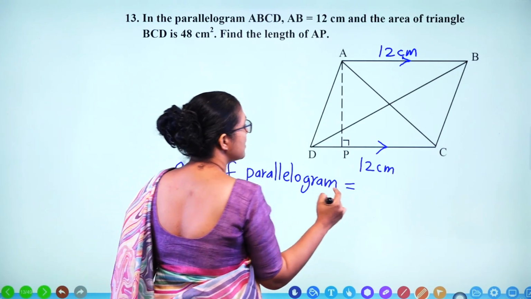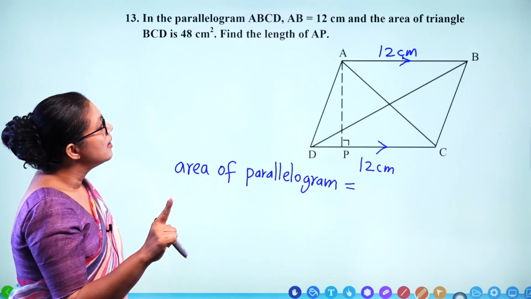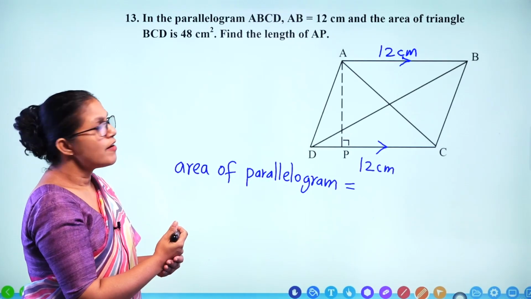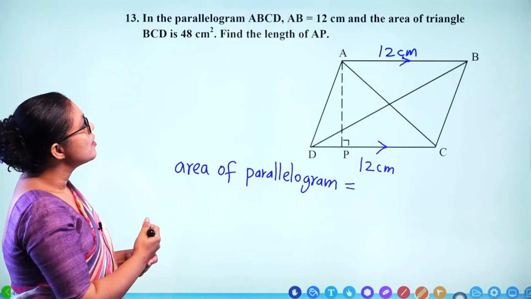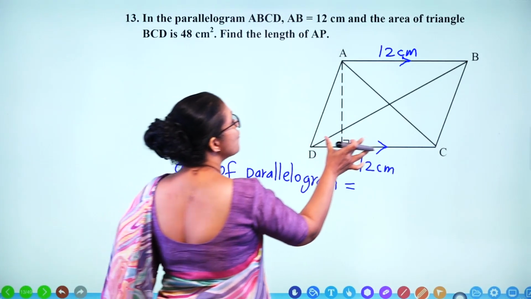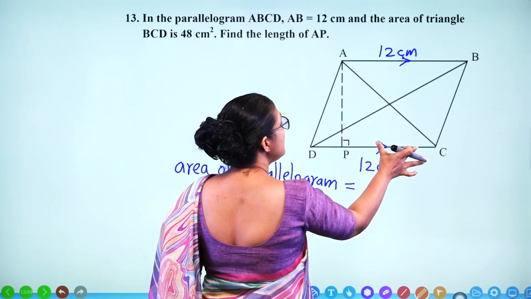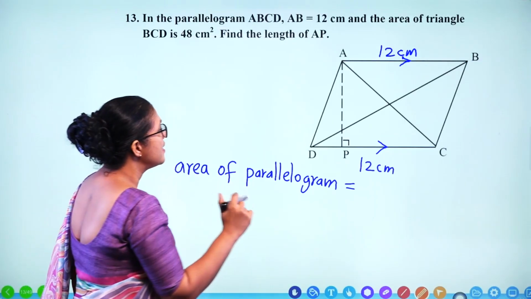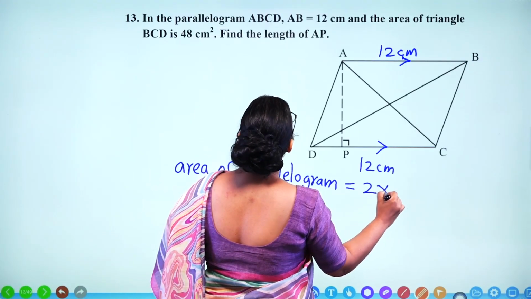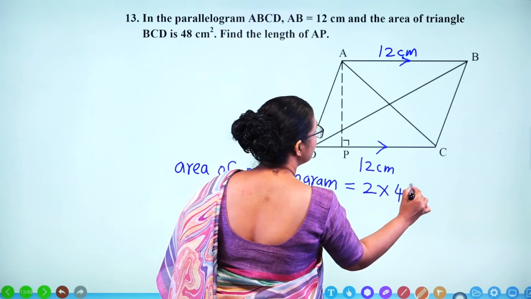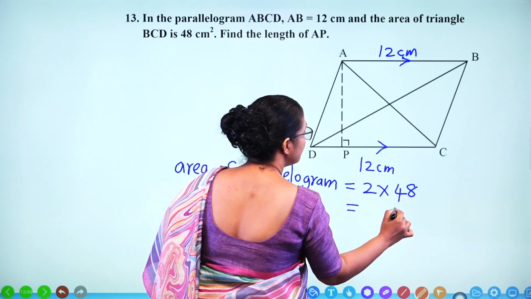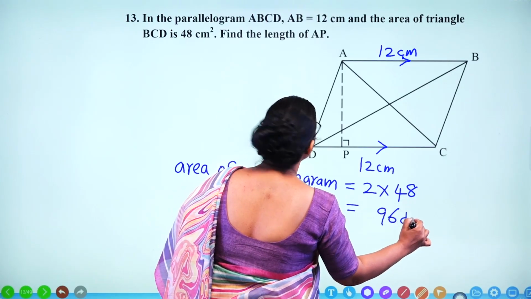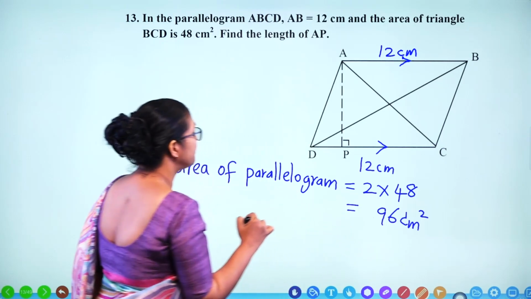Double of that. So according to the theorem, the area of the parallelogram is 2 times the area of the triangle with the same base and in between two parallel lines. So 2 times 48, that means 96 square centimeters.